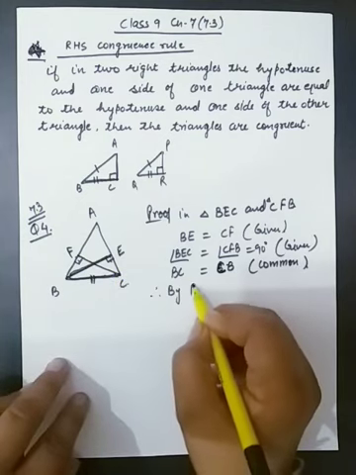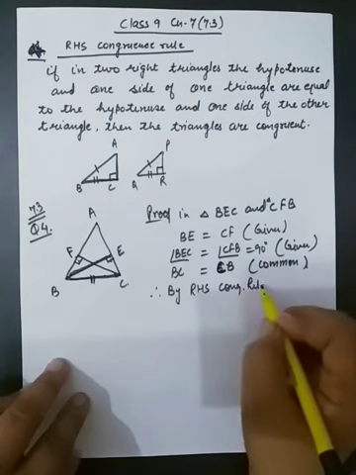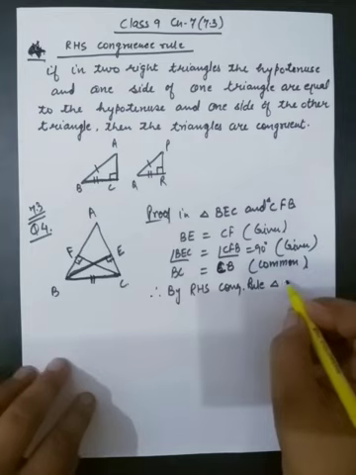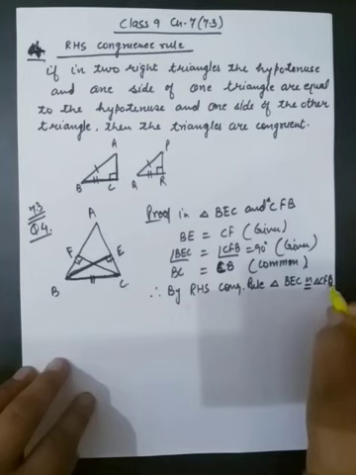Therefore by RHS congruency rule, triangle BEC is congruent to triangle CFB.